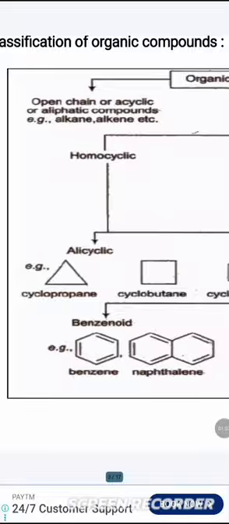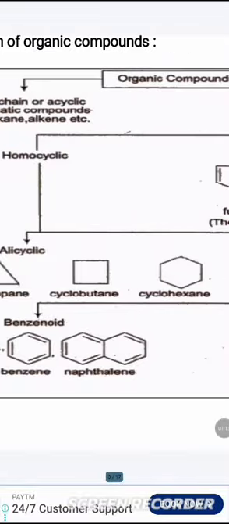The single bond compounds are known as alkanes. Then alkene is the double bonded compound. So, ethene, propene, butene are known as alkenes. Then alkyne: the general formula of alkyne is CnH2n-2.